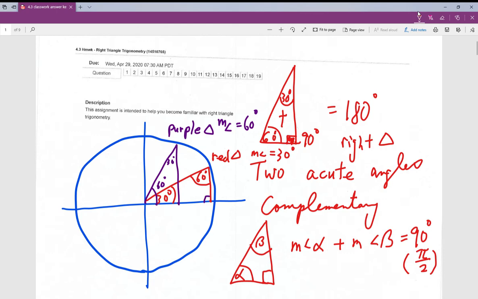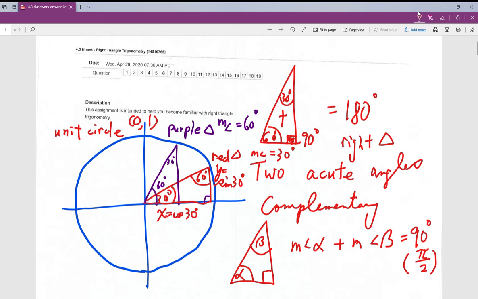Next, I want to talk about the sine function. Sine 30 degrees will be the y value here. If this is a unit circle, pretend 0, 1 is the unit circle, then the y value will be sine 30, and the x value will be cosine 30 degrees.